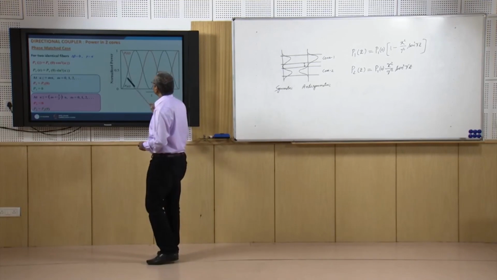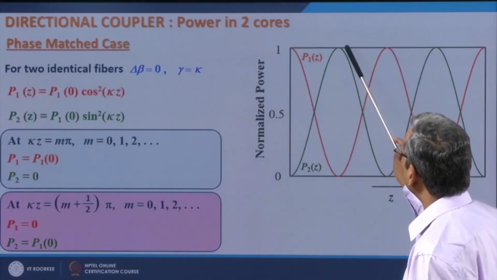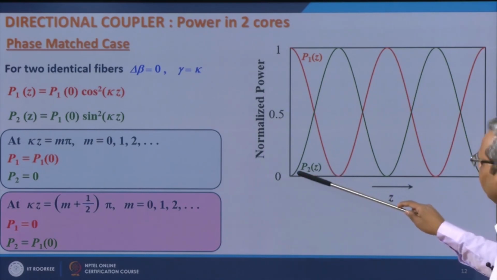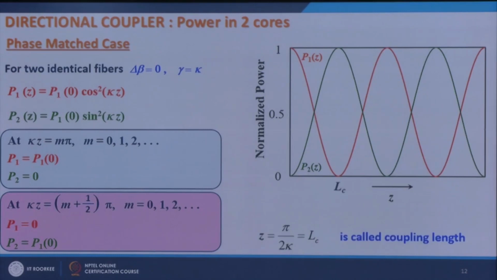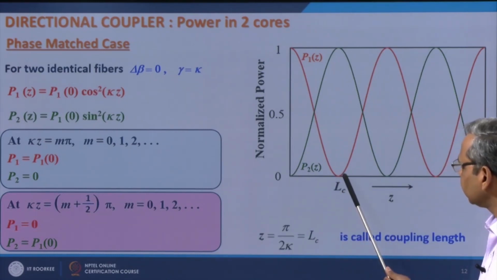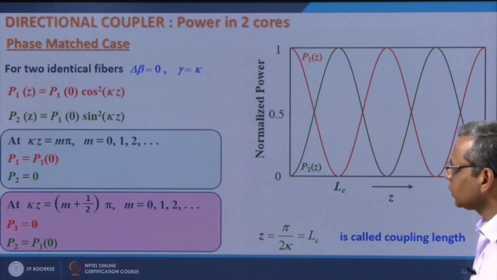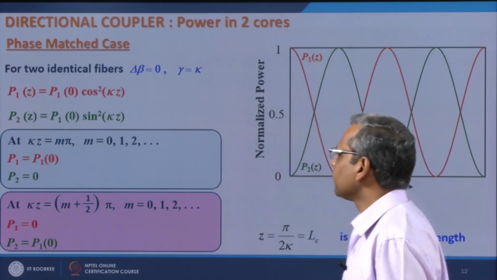So, at this length the entire power switches from core 1 to core 2. The power in core 1 drops down to 0, and the power in core 2 increases to 1, normalized power. This is the minimum distance at which the complete coupling takes place, and it is known as the coupling length, which corresponds to m equal to 0 here.